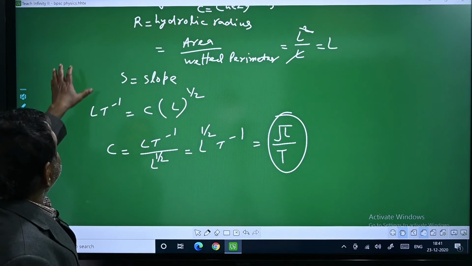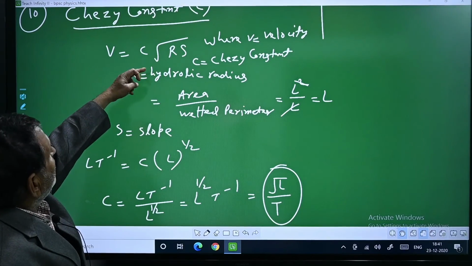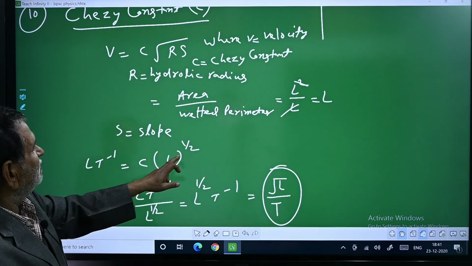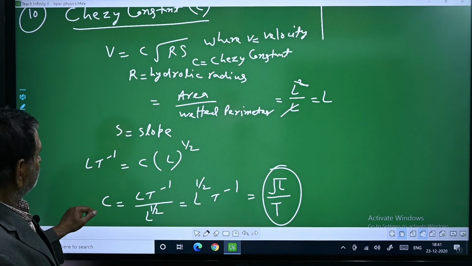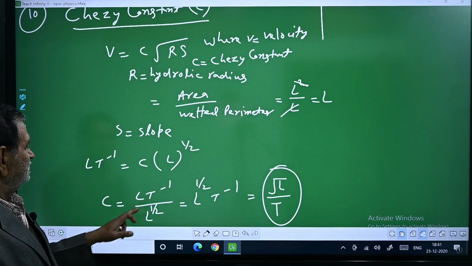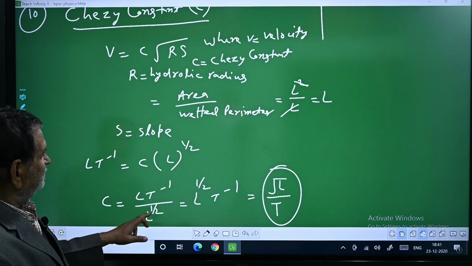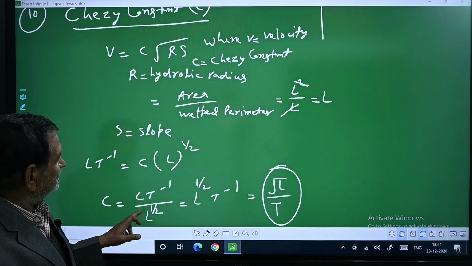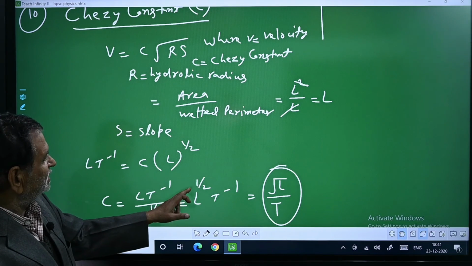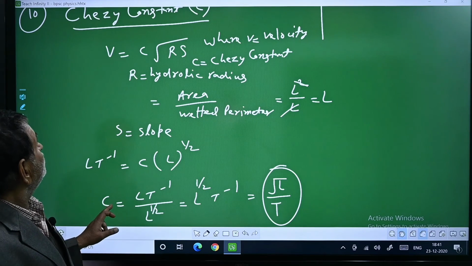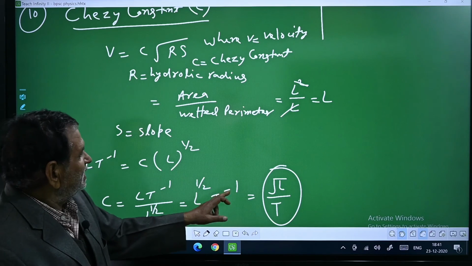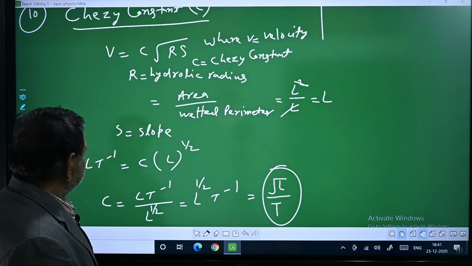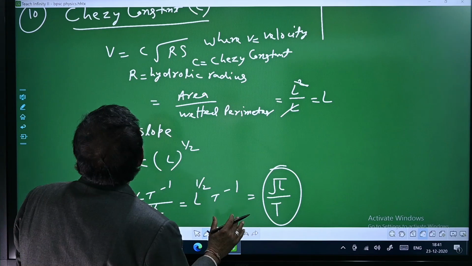Solving for C, we get L T^-1 divided by L^(1/2), so the power of L will be half, and T^-1. So the Cauchy constant has the dimension under root L divided by T.